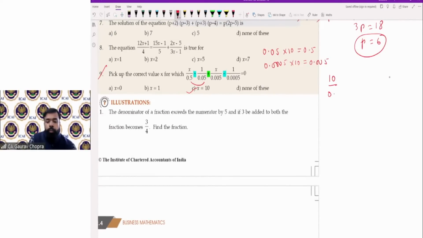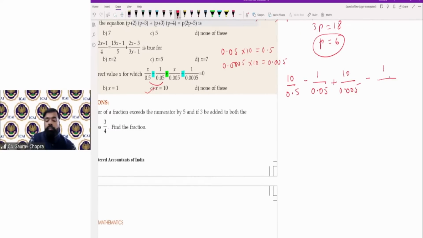So 10 upon 0.5 minus 1 upon 0.05 plus 10 upon 0.005 minus 1 upon 0.0005. Now you can bring this 10 into the denominator. It becomes 1 upon 0.05 minus 1 upon 0.05, then plus what is left, 1 upon 0.0005 and minus 1 upon 0.0005.